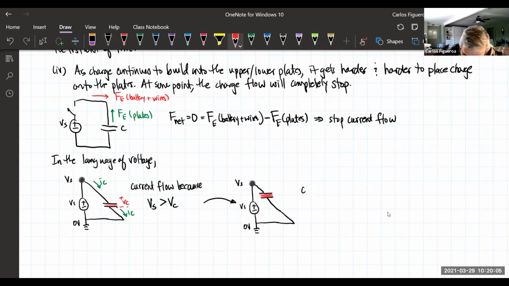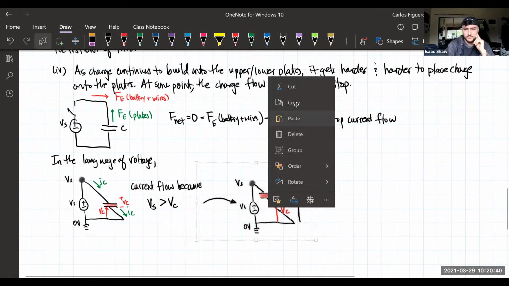Remember, how do we measure potential? We measure everything from the ground. So this represents the height of VC, and this represents the height of VS. If I compare the first case over here, you could see that this is a smaller VC.